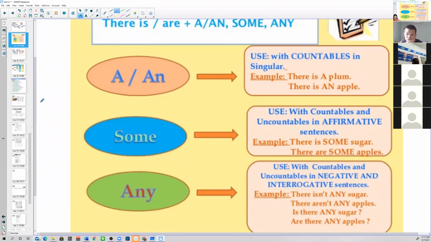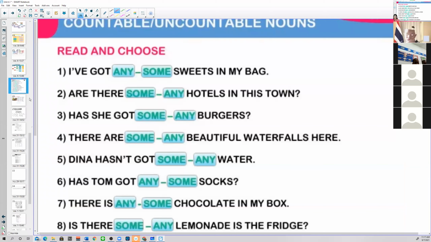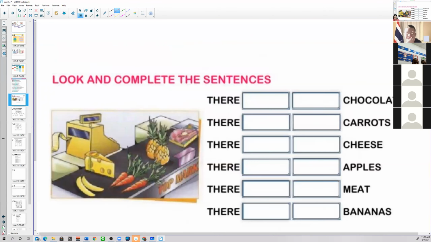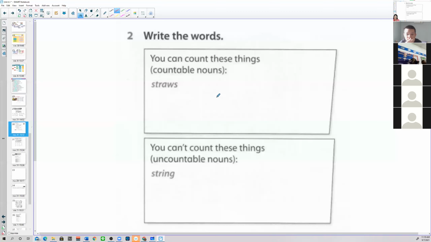Okay, we have done this, right? Finish all of this. And this one, finish, right, we've done this. We also have learned to separate the countable nouns and uncountable nouns in this exercise.